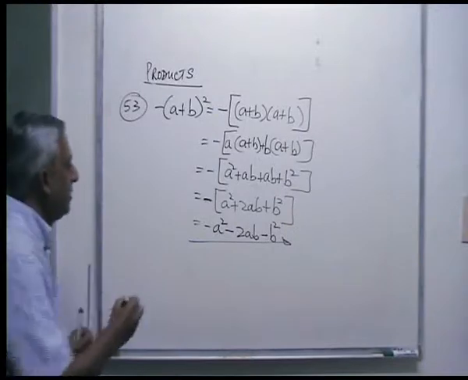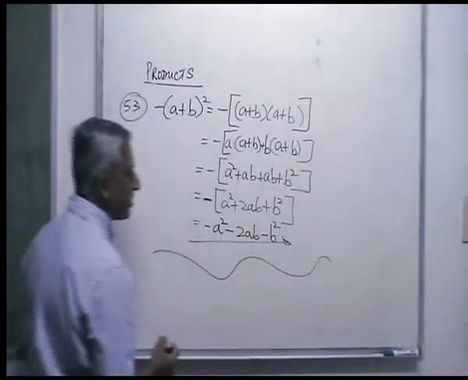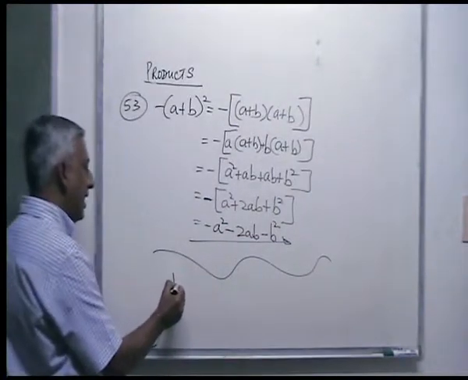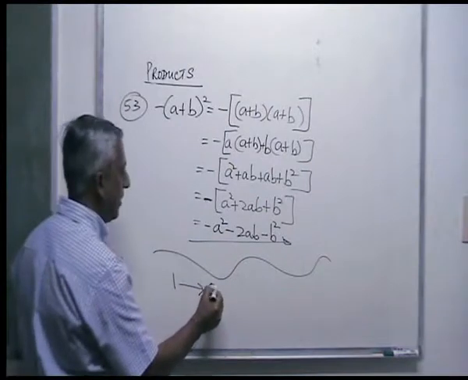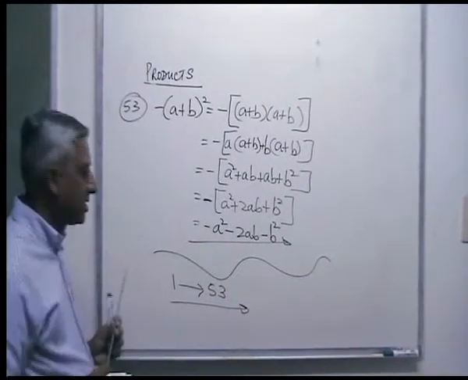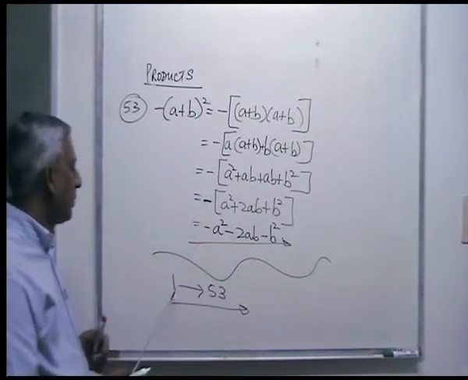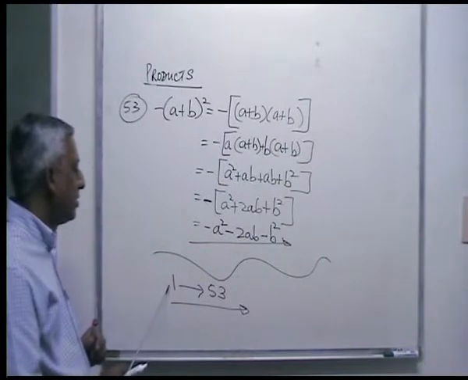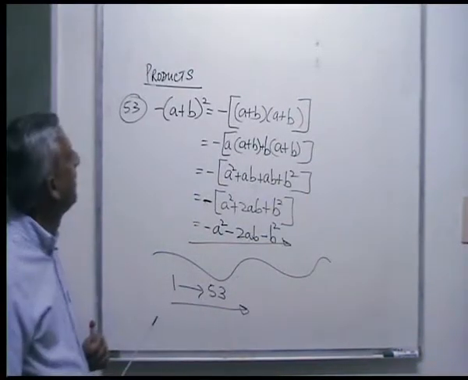And once again, if you now really want to test yourself, then one day you must sit and try and finish from number 1 to 53 one time. That will be a real test. And if you know your products properly, it should take you only about 1.5 hours to finish from number 1 to 53.